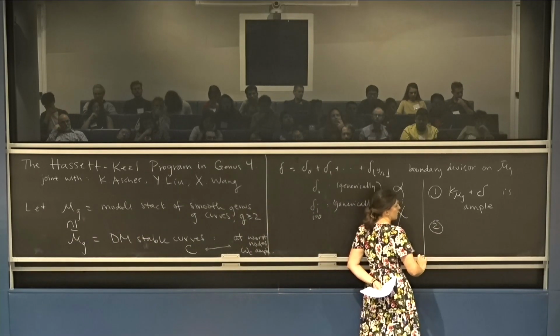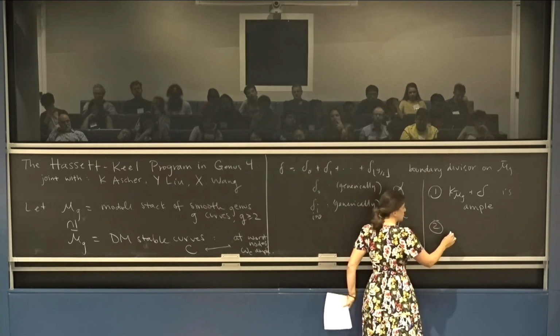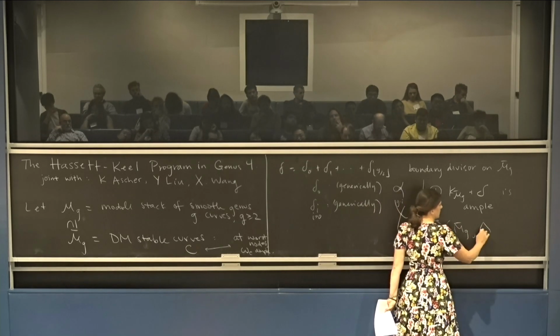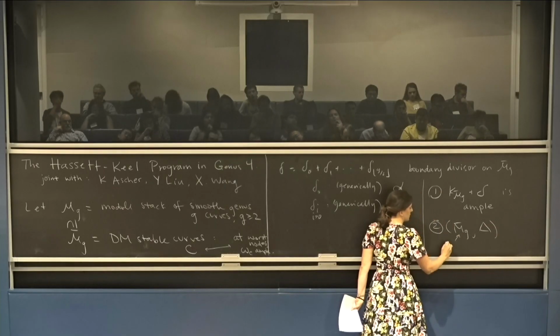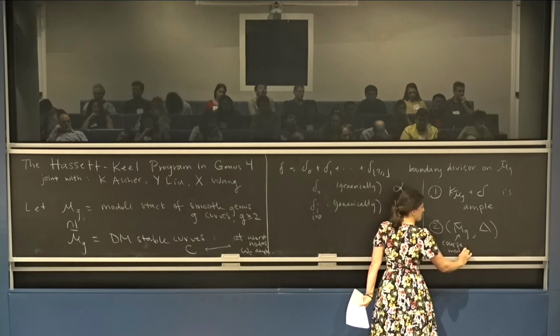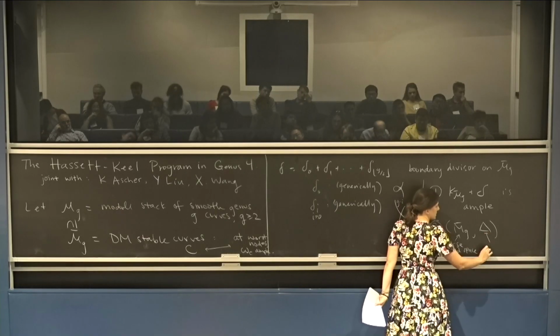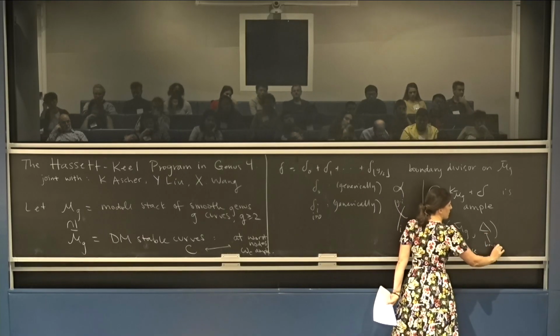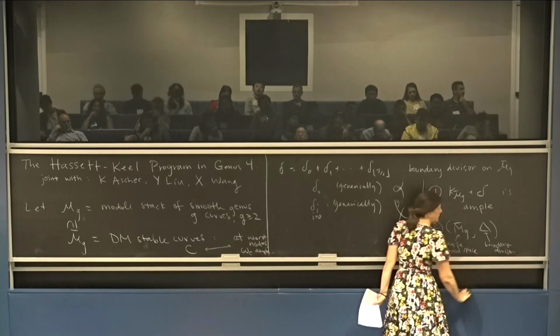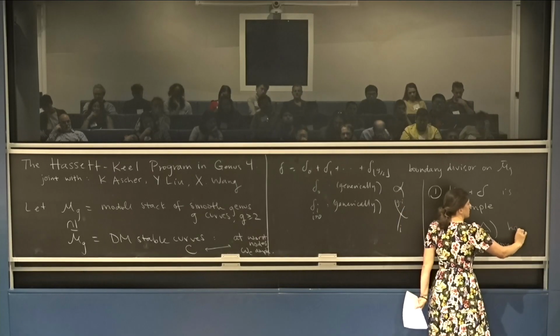And part two, the actual moduli space itself, M_g bar, the coarse moduli space, together with the boundary divisor, which we write with a capital Delta on the space, has mild singularities.